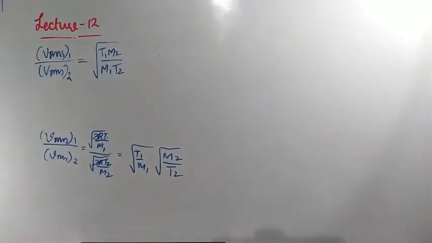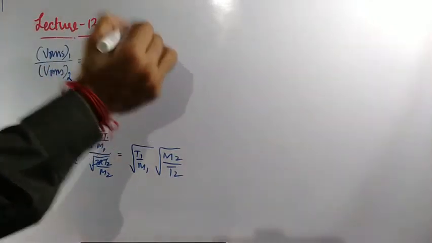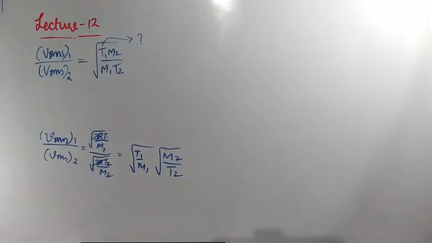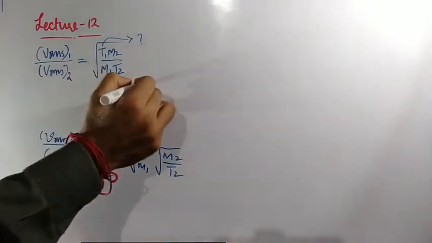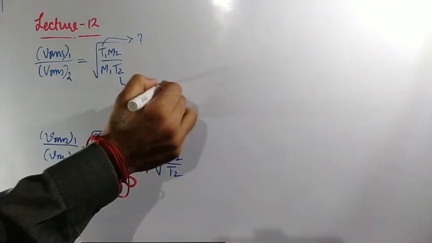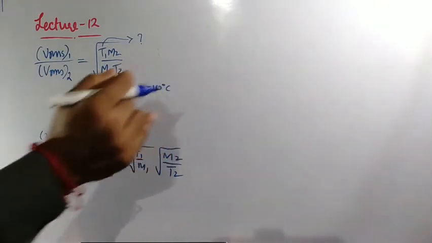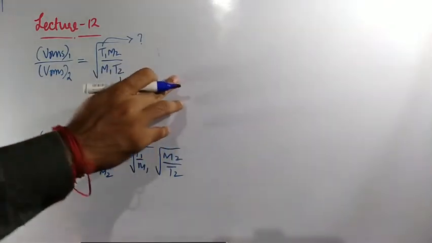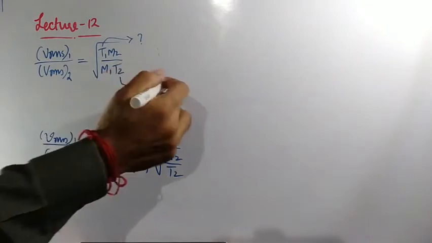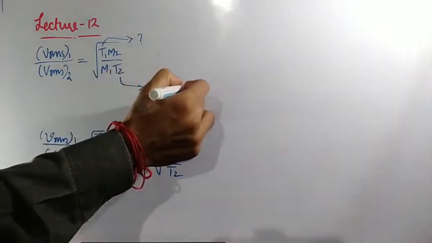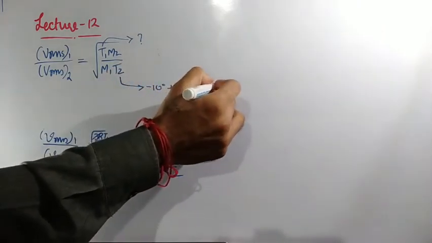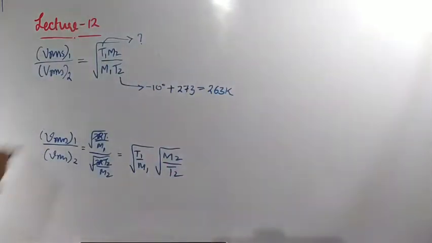T1 we don't know, they are asking us. T2 value is given as minus 10 degrees Celsius. Converting degree Celsius to Kelvin, minus 10 plus 273 gives 263 Kelvin.